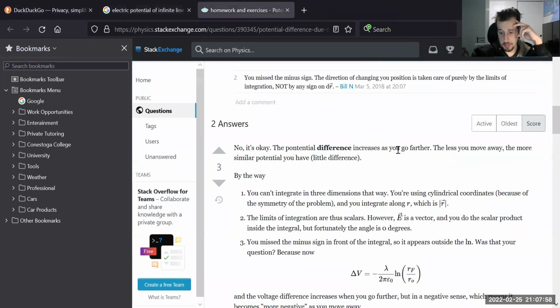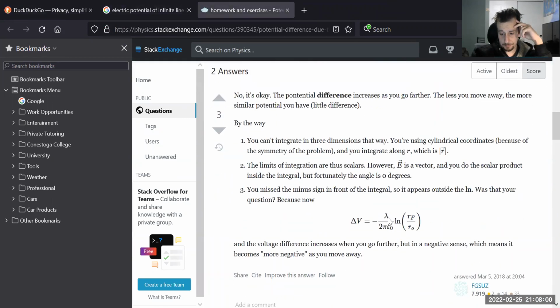It's okay, the potential difference increases as you go farther. Here's our lambda over 2 pi epsilon naught. Here's the logarithm of the reference. Not the reference, actually where you want, and the reference on the bottom. And the negative here will flip them around. And you get the answer that we got. So you see how they've quietly written the left-hand side as delta V?